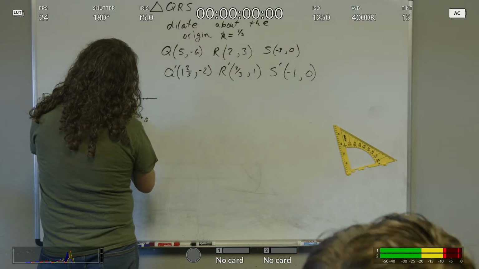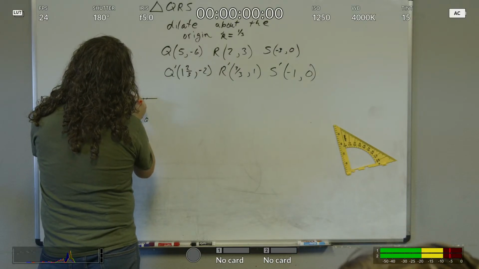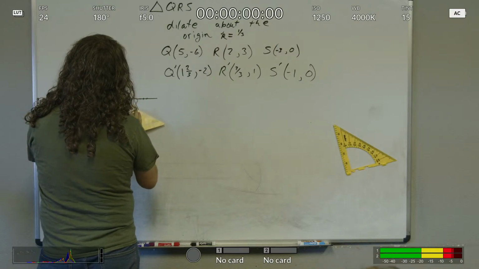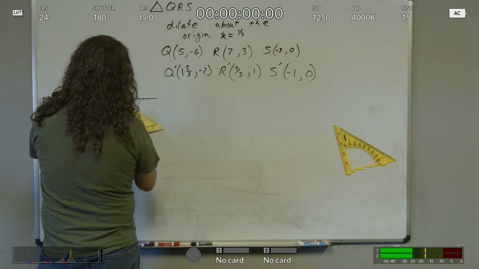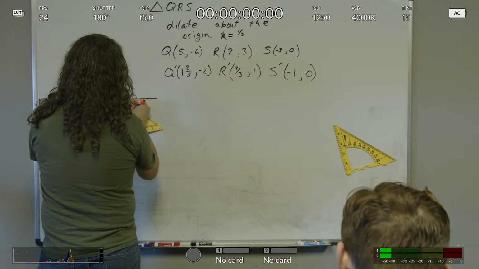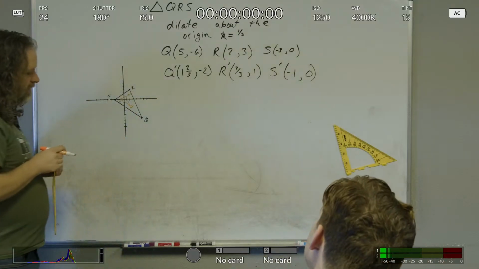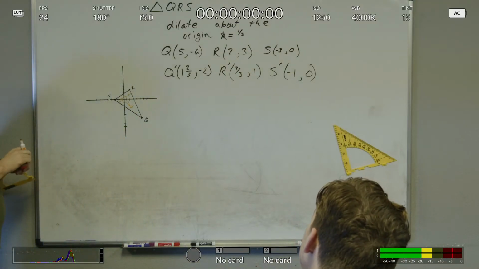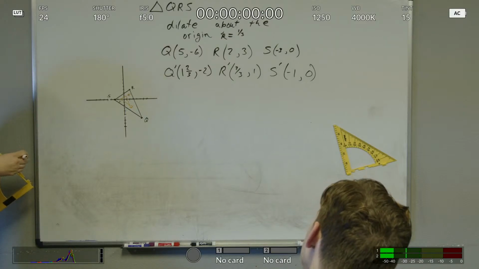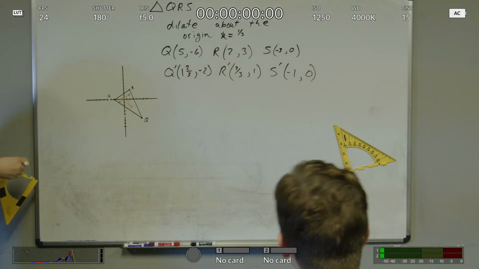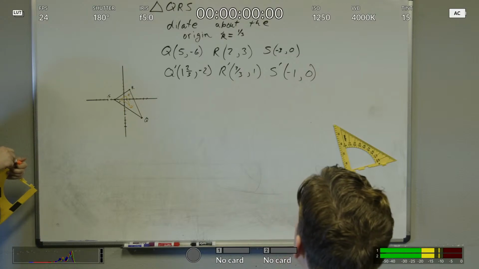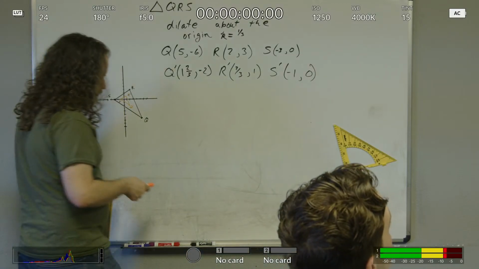Now, what does it mean to dilate it about the origin? What did happen? It's harder to see on a shrunk one. Let's do one more example.